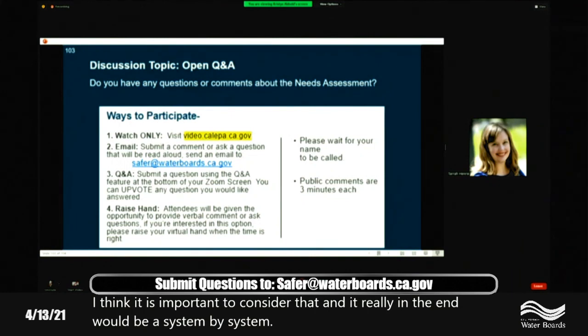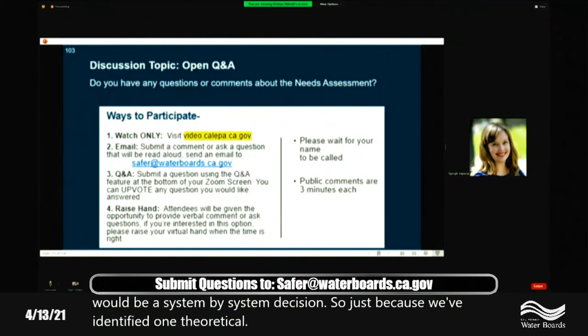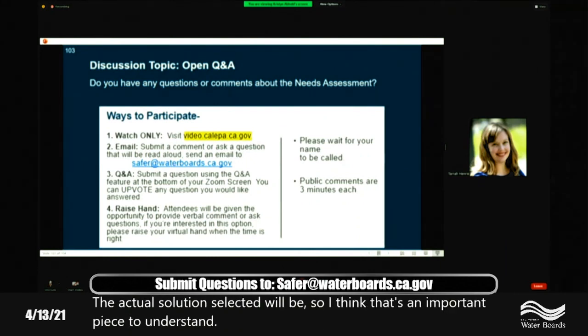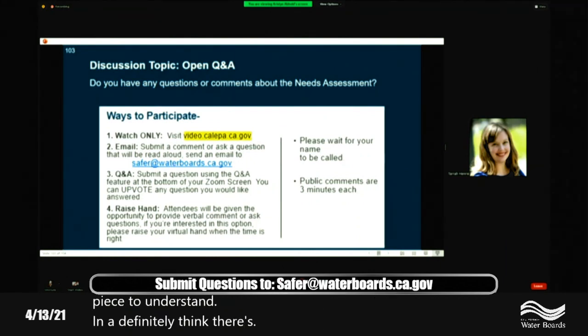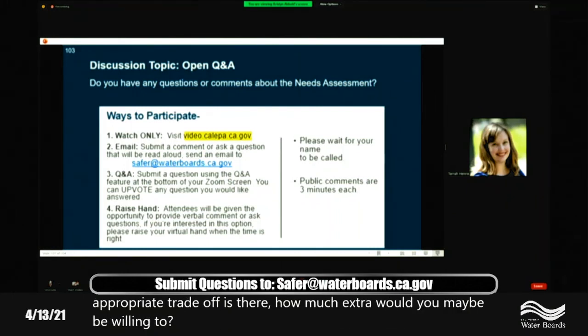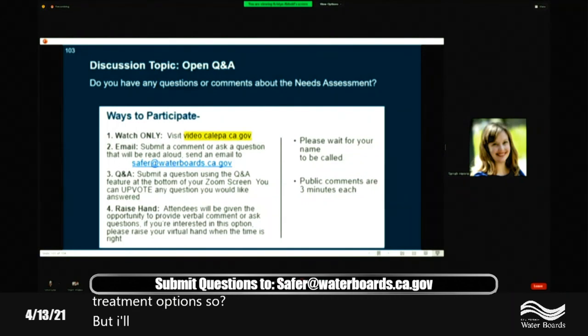So just because we've identified one theoretical solution for budgetary purposes does not mean that's what the actual solution selected will be. So I think that's an important piece to understand. And I definitely think there's room for discussion about what the appropriate trade-off is there. How much extra would you be willing to spend on physical consolidation to avoid that treatment option? But I'll kick it over to Maureen since her group is way more in the weeds on that piece.